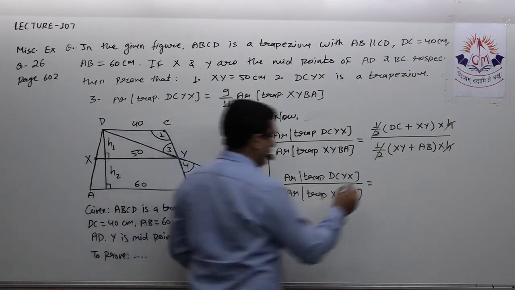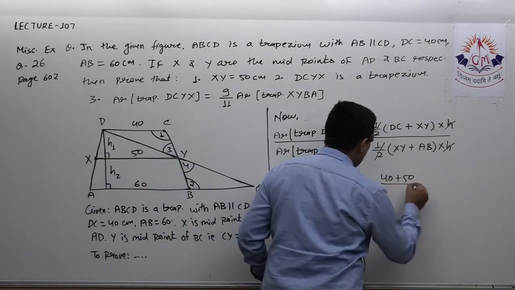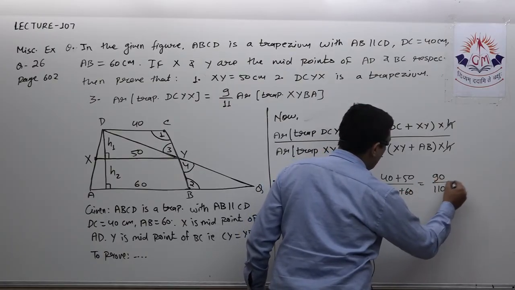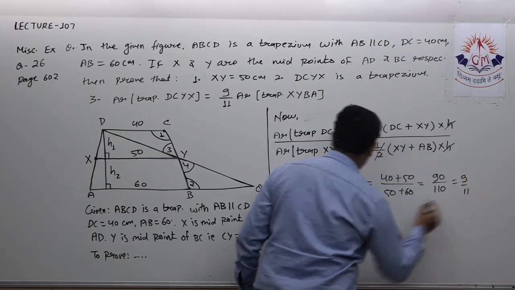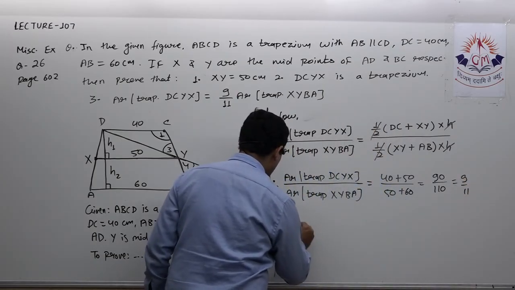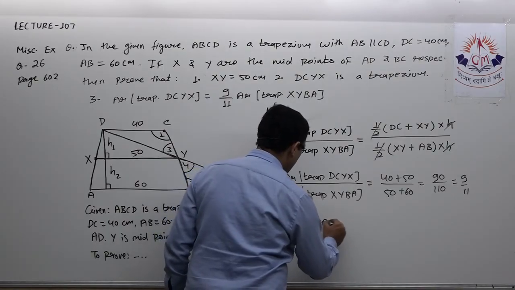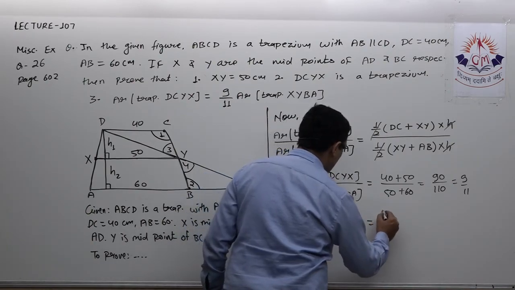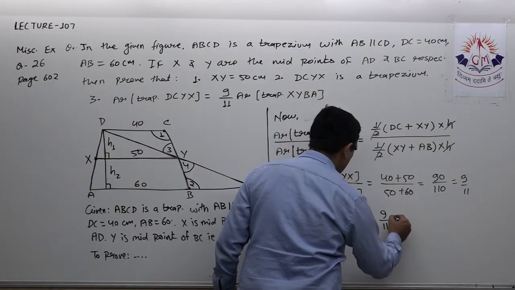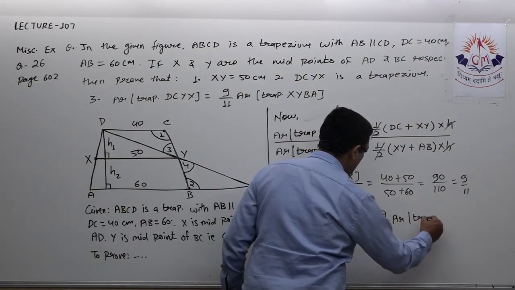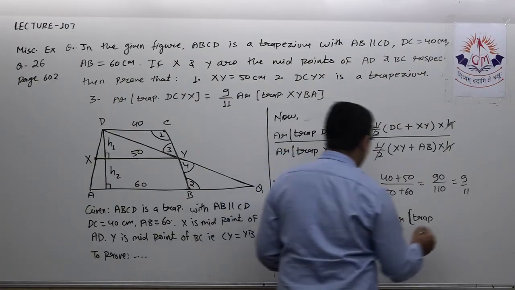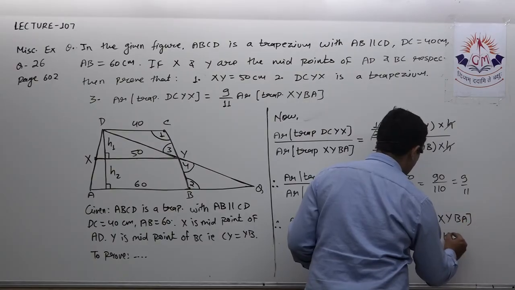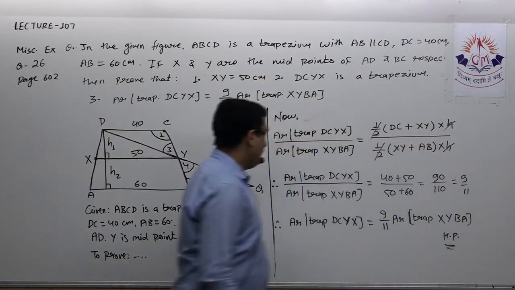So 40 plus 50 upon 50 plus 60, that is 90 upon 110, that is 9 upon 11. Therefore, area of trapezium DCYX is equal to 9 upon 11 of area of trapezium XYBA, hence proved. Please note it down.